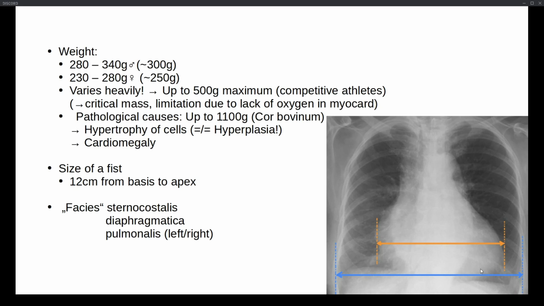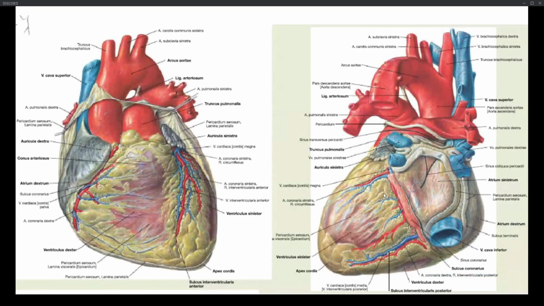And the facies pulmonalis, which is on the left and the right side of the body, facing towards the lung. Okay, so this is a modeled version of a healthy heart, the external view of it.